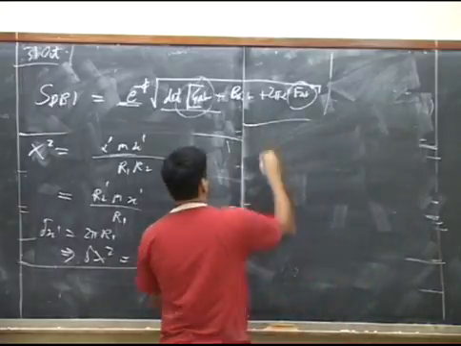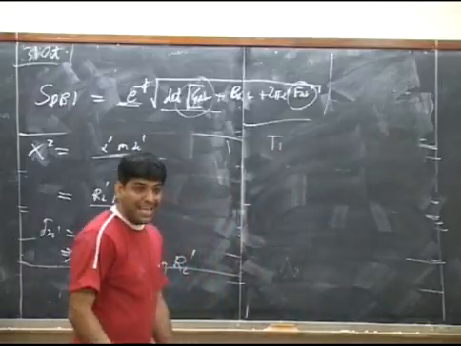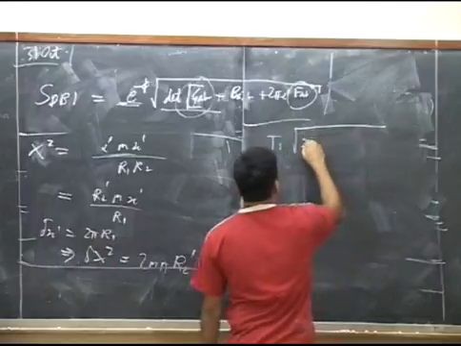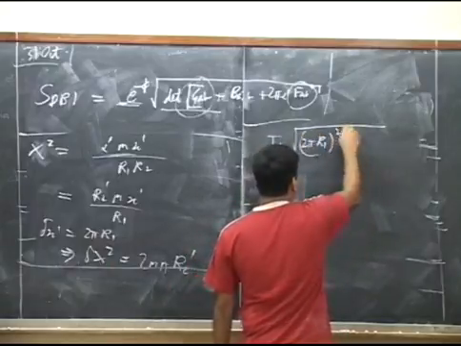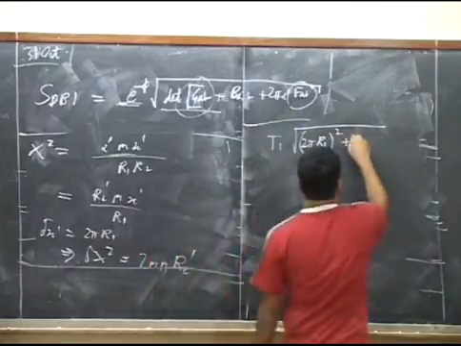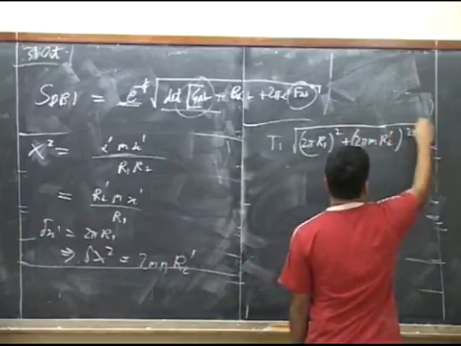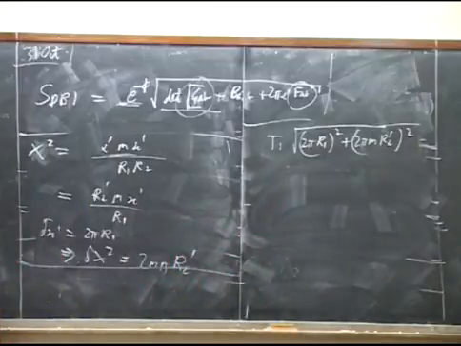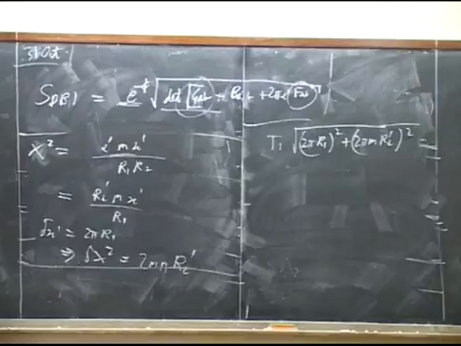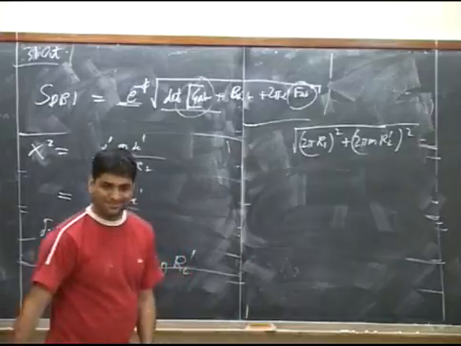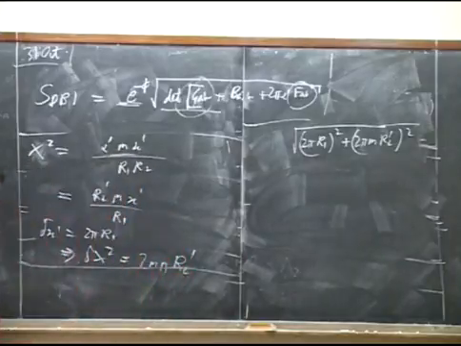We've not yet determined it. So you've got T1 times its length. What's its length? Its length is the square root of (2 pi r1) squared plus (2 pi m times r2 prime) the whole thing squared. Pythagoras is here.